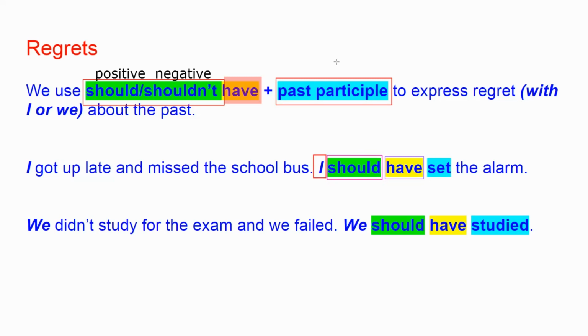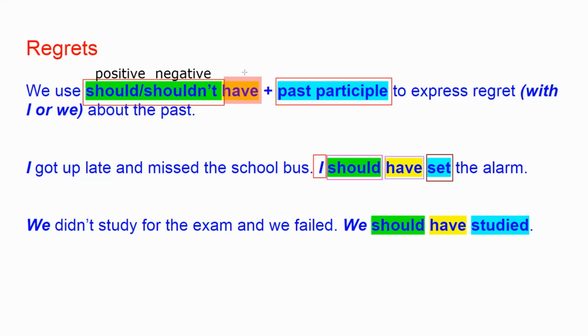All right, ese verbo no se toca. Por mucho que se esté cayendo el cielo, no se va a tocar. And then tenemos el past participle, ¿ok? Siempre vamos a tener un past participle, the verb set. El verb set es un verbo que no cambia, ¿ok? Se mantiene igual en pasado, en presente y en participio.